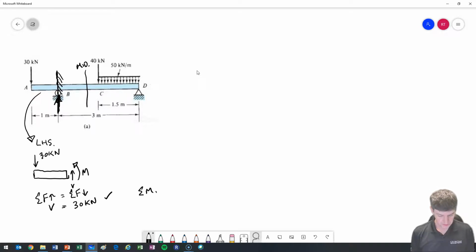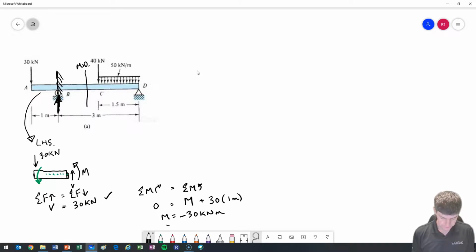My sum of moments in one direction has to equal my sum of moments in the other direction. So starting from my pivot point, I have an M, which is going counterclockwise, and as I work my way across, I have 30, which is also counterclockwise, and it's at a distance of 1 meter, and I have nothing going the other way, so in this case M is going to be equal to negative 30 kilonewton meters.